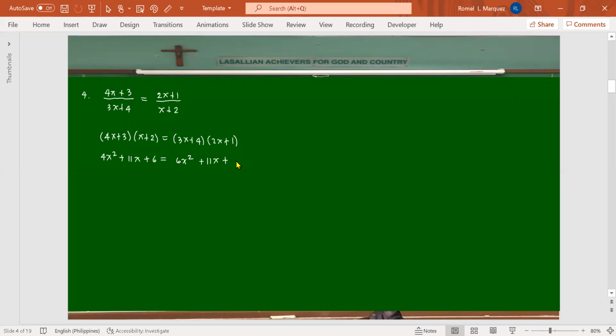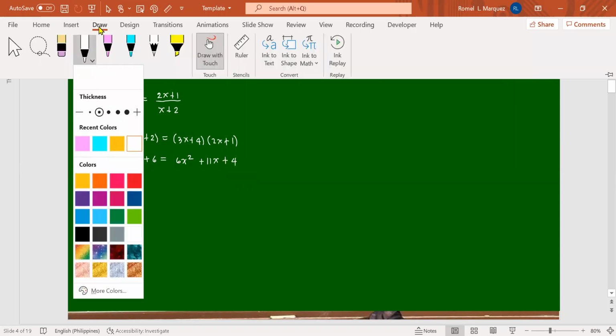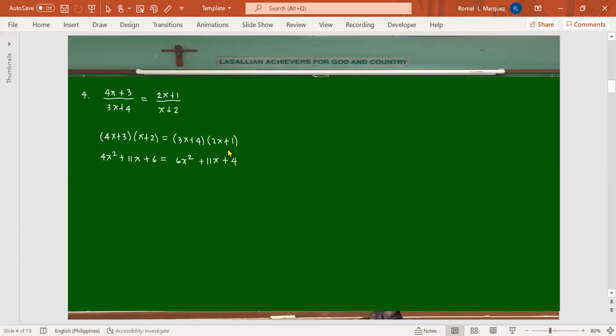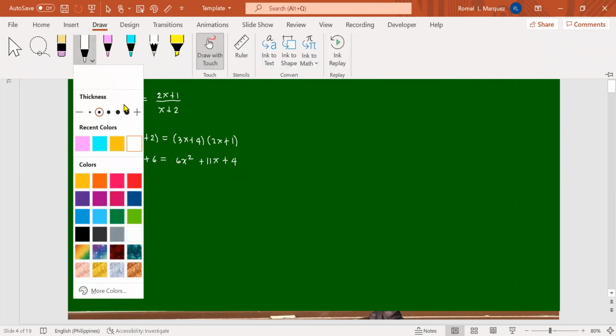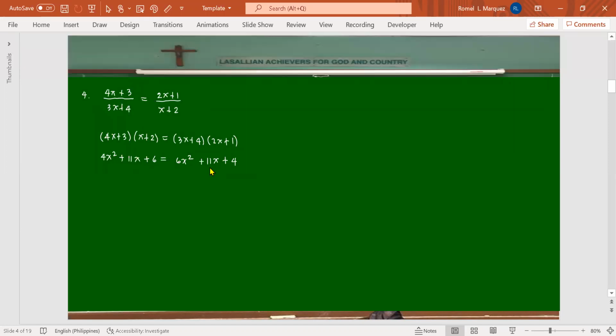What about on the right side? 6x squared plus 11x plus 4. Am I correct? Yes, correct, guys? 8 plus 3, 11 also, no? So, we can eliminate this part. Am I right? Yes, sir.